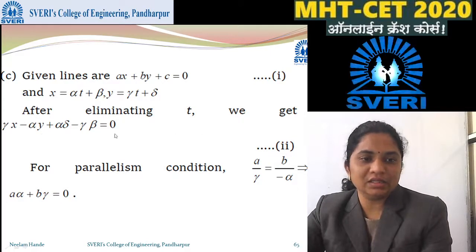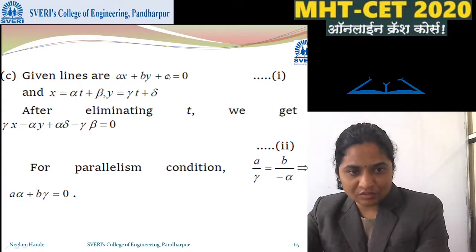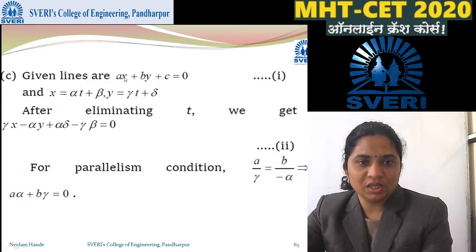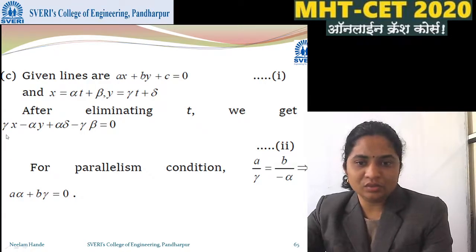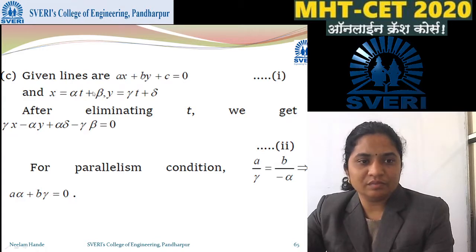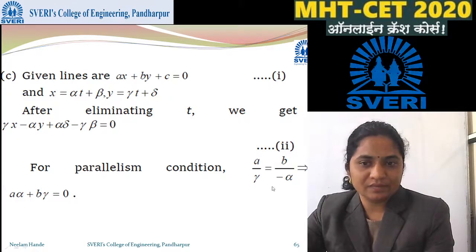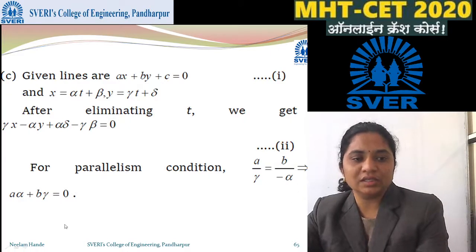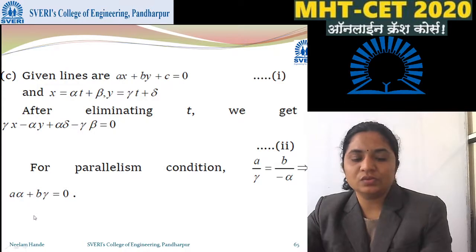We will get this equation. So now we have these two equations. Solving them for the parallelism condition, we compare a upon the coefficient of x, so a upon gamma, next b upon minus alpha. This is the condition for parallelism, and solving that we get a alpha plus b gamma equal to 0.